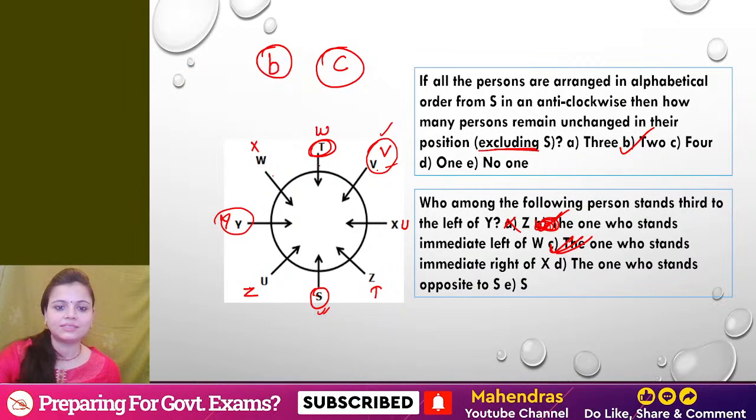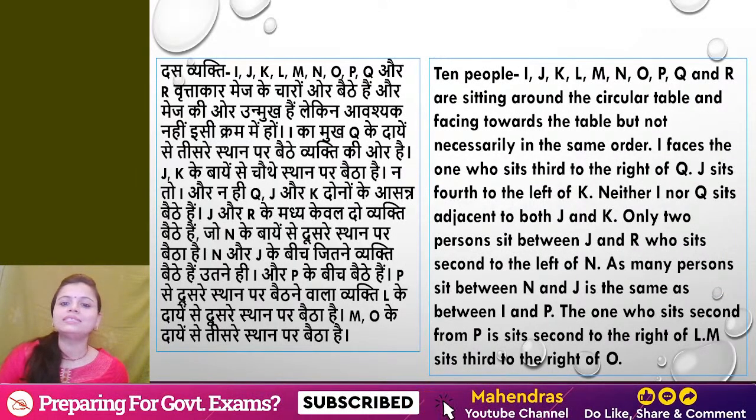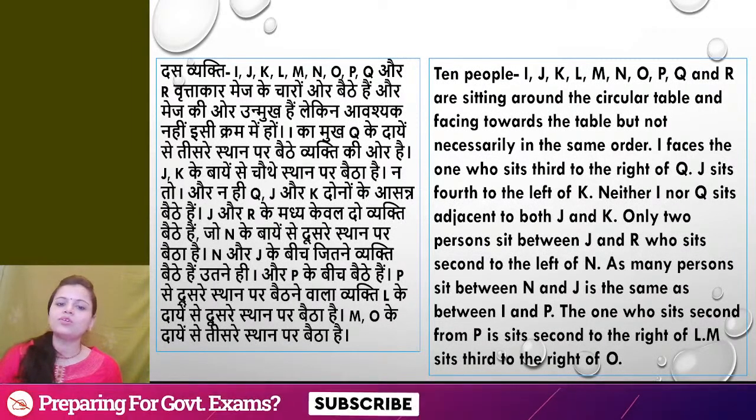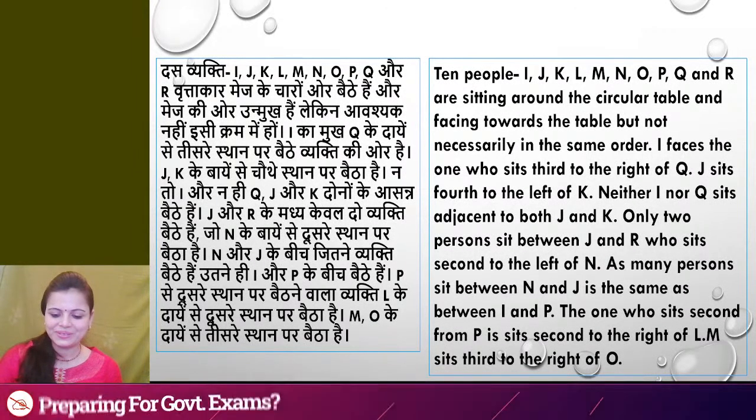The next question is: 10 people are sitting around a circular table facing towards the table, but not necessarily in the same order. Now, just try this 10 persons question.